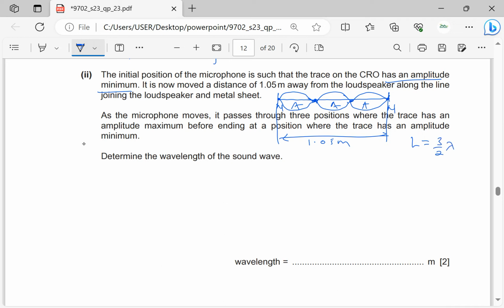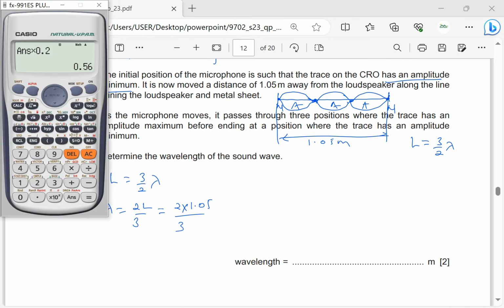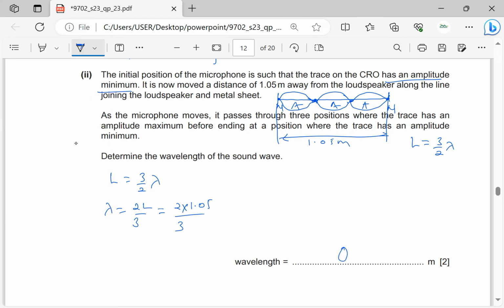So the length L gives us 3/2 of the wavelength. The wavelength is going to be 2L divided by 3, which is 2 times 1.05 divided by 3. So this is 0.70, and we write 0.70 meters.